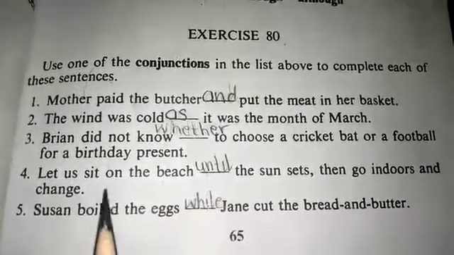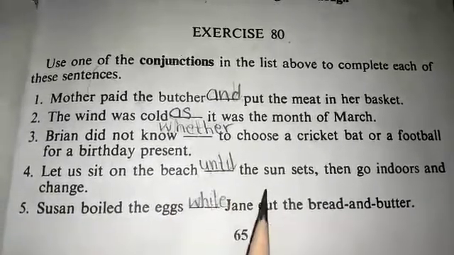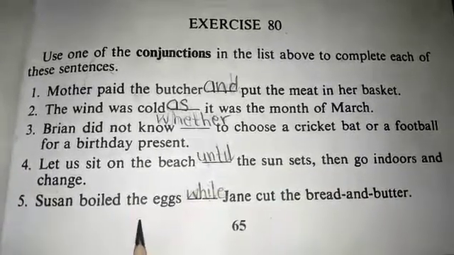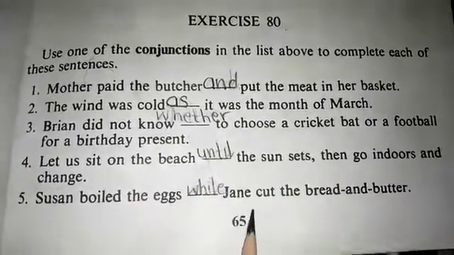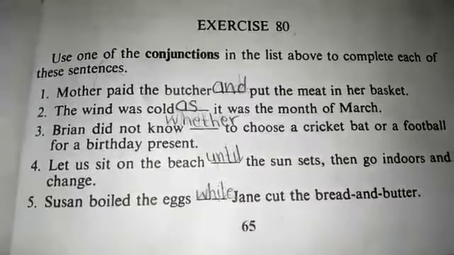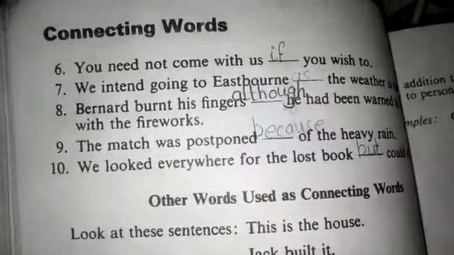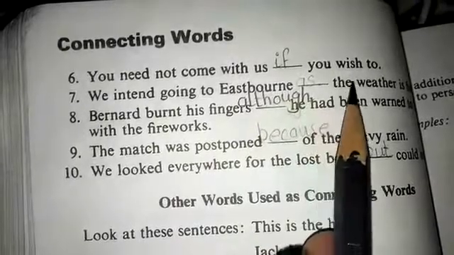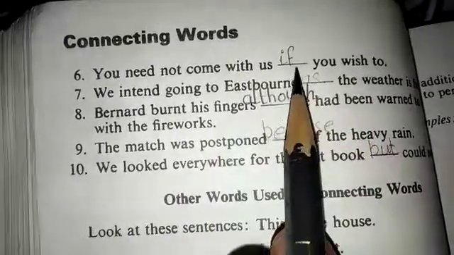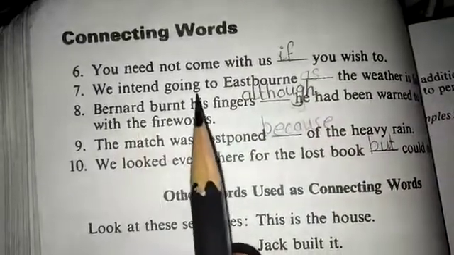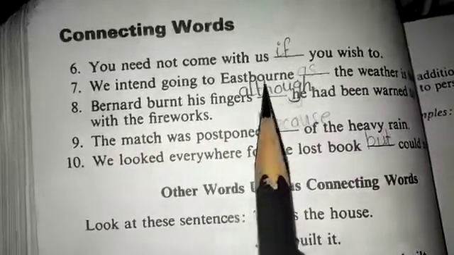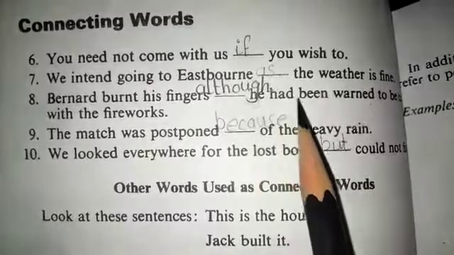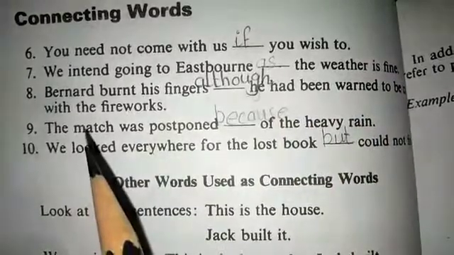Let us sit on the beach until the sun sets, then go indoors and change. Susan boiled the eggs while Jane cut the bread and butter. You need not come with us unless you wish to. If we intend going to Eastbourne, as the weather is fine.